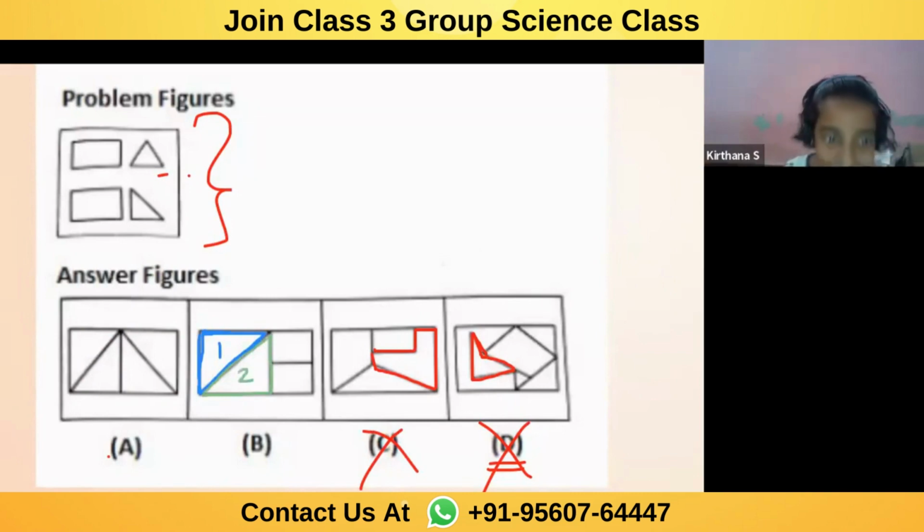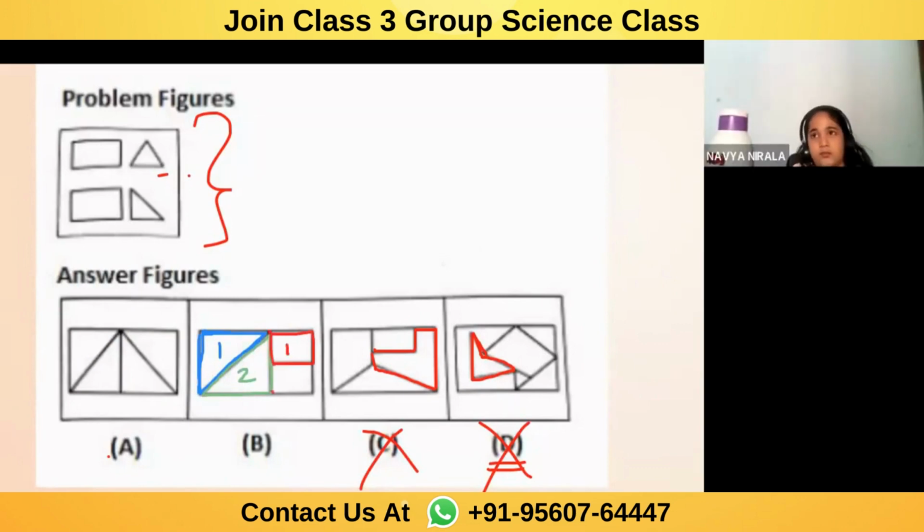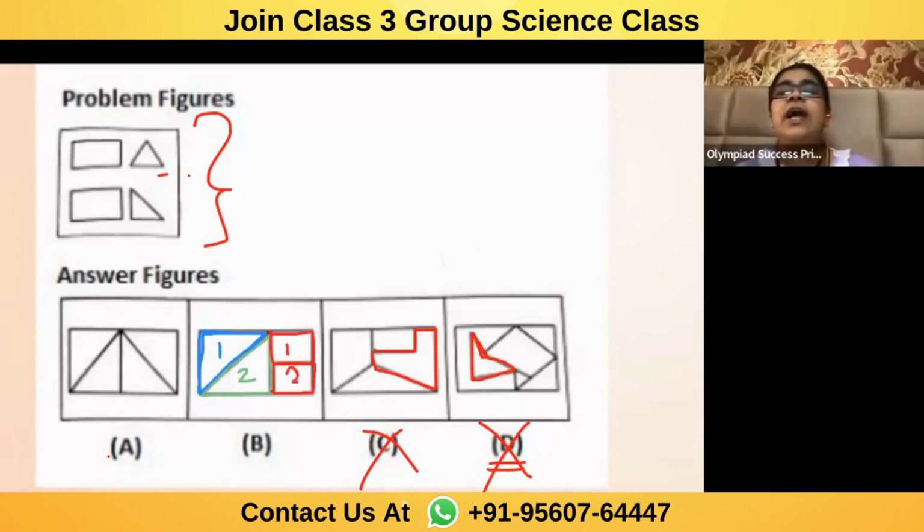Yes, miss. And then we can take rectangle number 1 here and rectangle number 2 here. So is there any overlapping? No. Without overlapping, we are just sticking the figures with one another. And sticking the figures with one another makes this full figure.